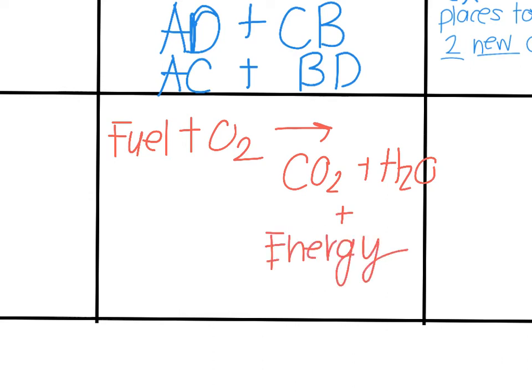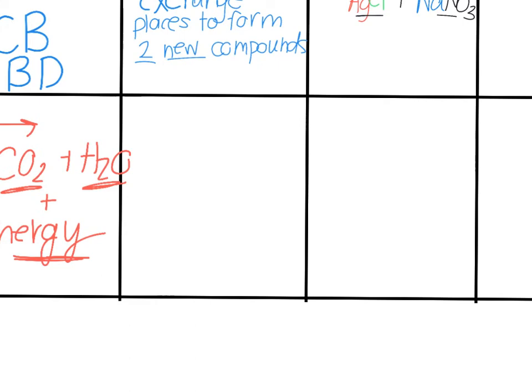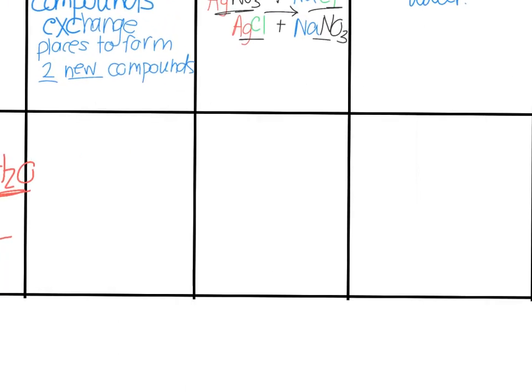So that's what you would notice if I were to have this question on a test. It'd be a fuel plus oxygen breaks down to CO2, water, and a form of energy. So we're going to go right over to an example. So here is energy. Here's the source of fuel. And usually for a source of fuel, you'd see a lot of hydrogen and a lot of carbon.